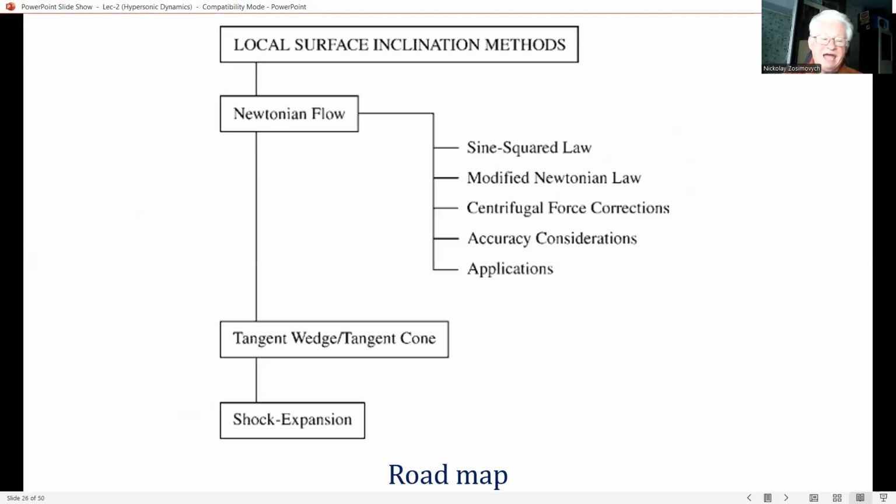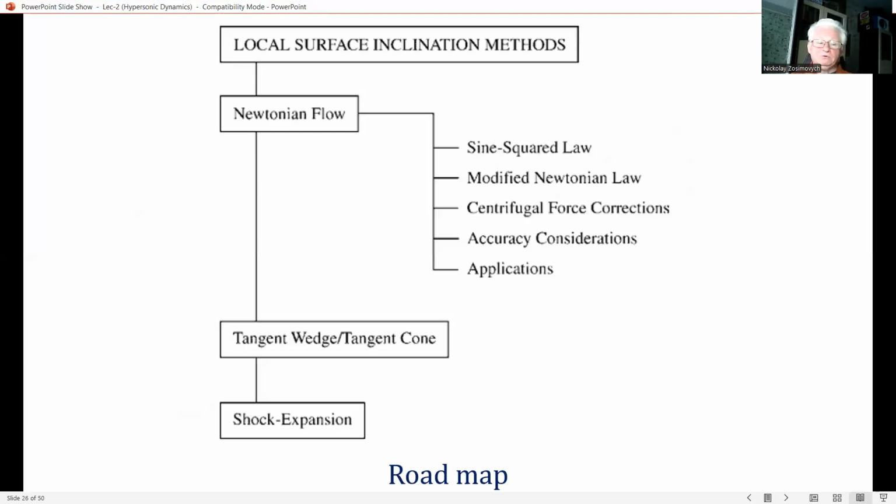Only with the advent of modern hypersonic aerodynamic application has Newtonian theory really come into its own. Newtonian theory provides the most straightforward and simplest prediction of surface pressure on a hypersonic body. That is why we start with it here. Moreover, we will explore several aspects of Newtonian flow as itemized in the subheading in this roadmap.